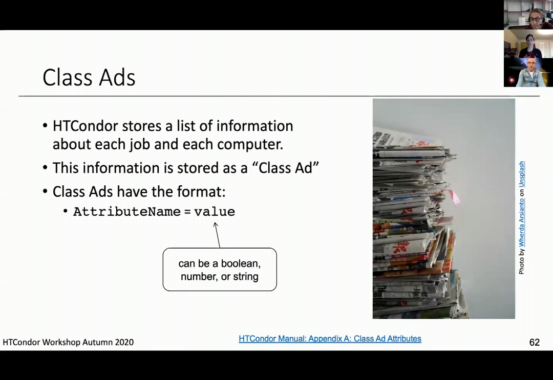And Condor stores that information in this ClassAd format. All of the attributes for a computer or a job are of the format attribute name and then some kind of value, which can be a Boolean, a number, a string, an expression.